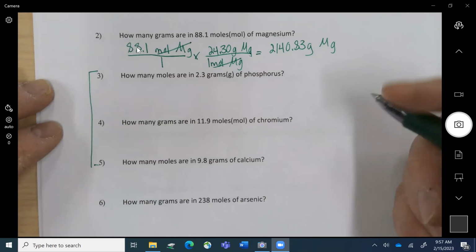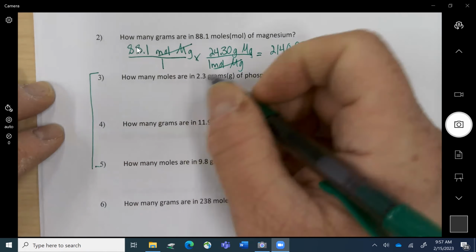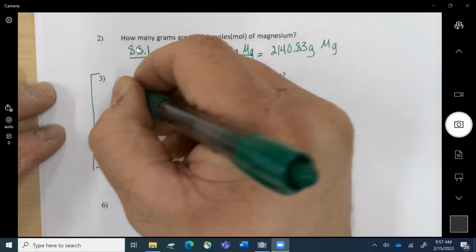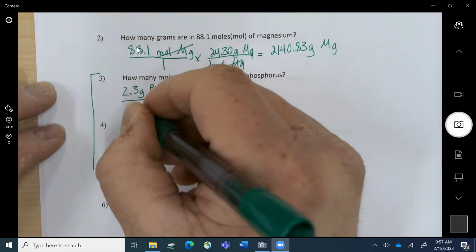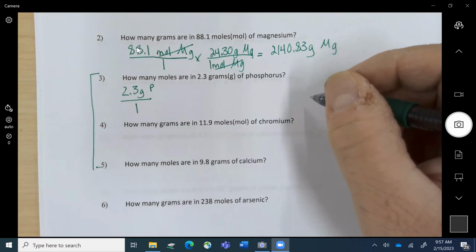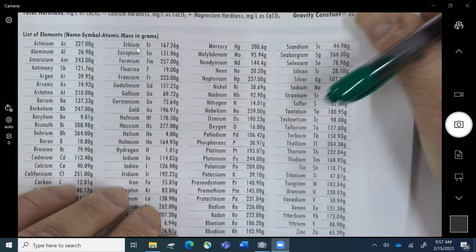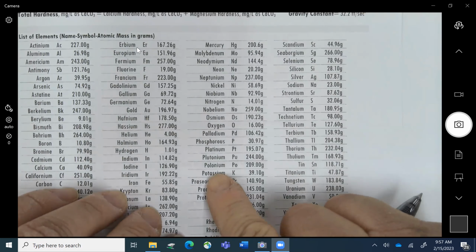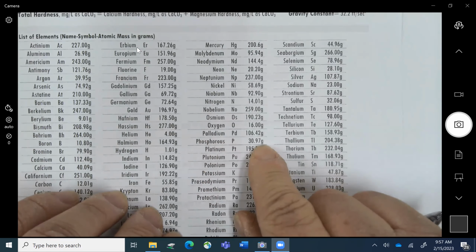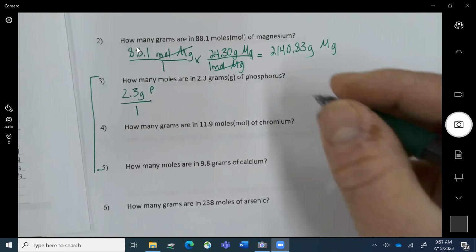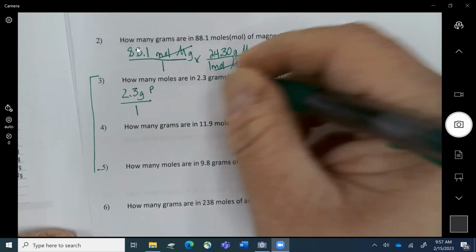All right, so how many moles are in 2.3 grams of phosphorus? I'm starting with 2.3 grams of phosphorus, which is P over 1. So I go to my math formula sheet. Phosphorus right here weighs 30.97 grams per mole.